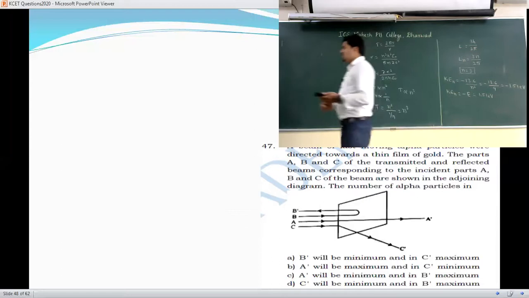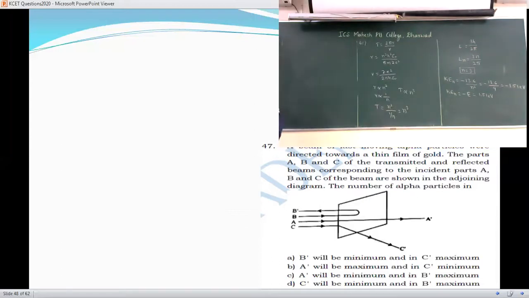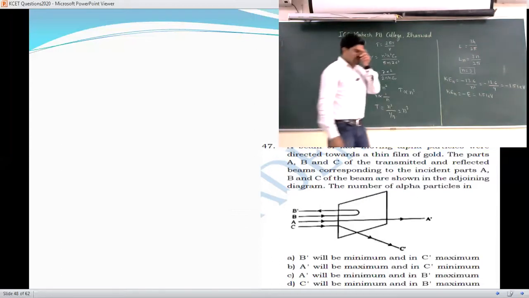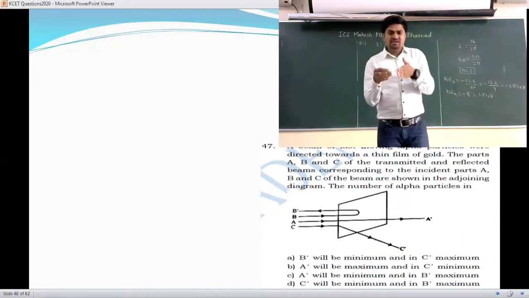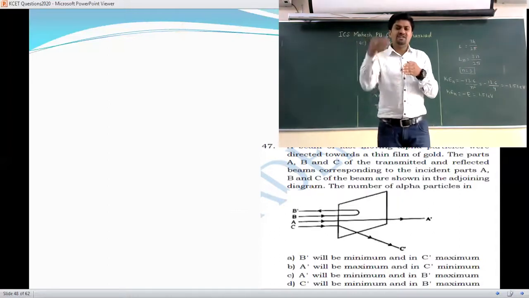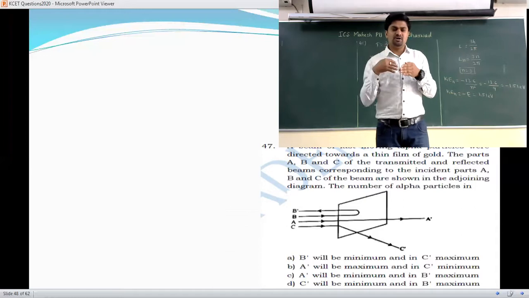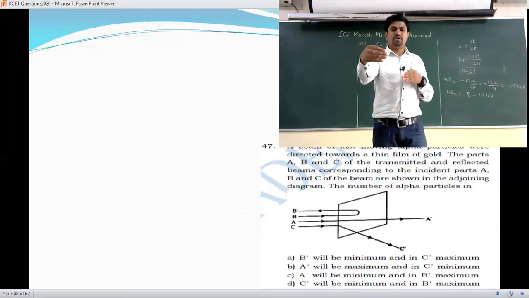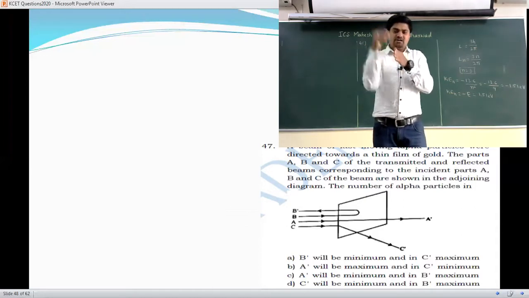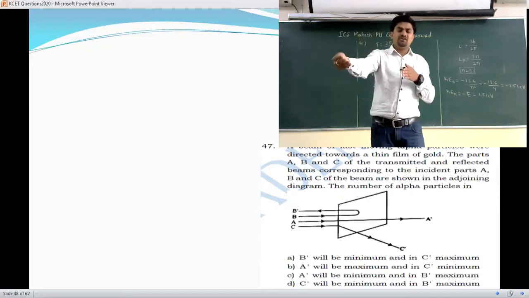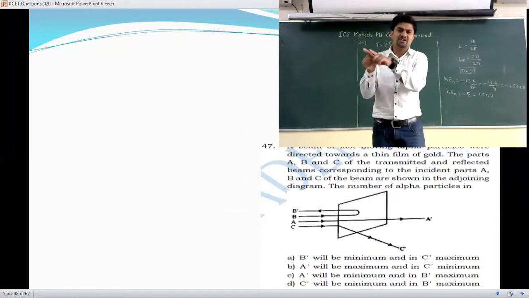Now when you observe the diagram, the alpha particles are incident from A, B, C, but the transmitted or reflected alpha particles you are getting at A dash, B dash and C dash.